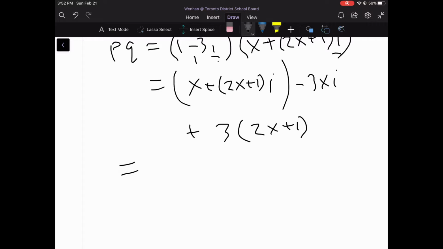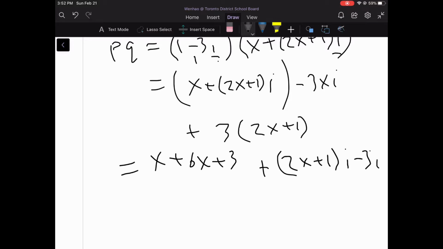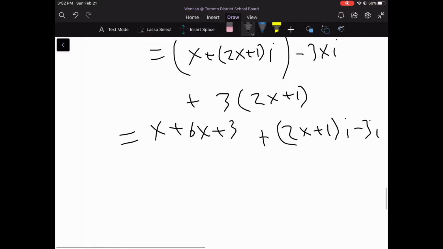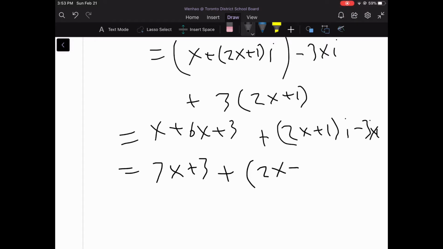So x plus 6x plus 3, plus (2x plus 1)i minus 3xi. Okay, let's combine. The real part is equal to 7x plus 3, and the imaginary part is 2x plus 1 minus 3x, so this is (1 minus x)i.